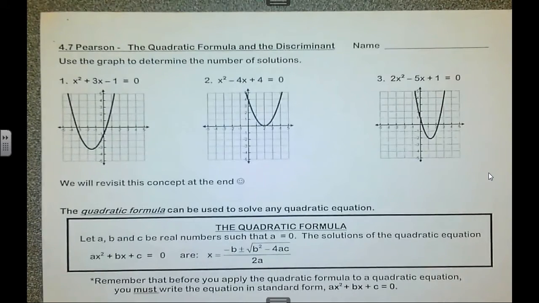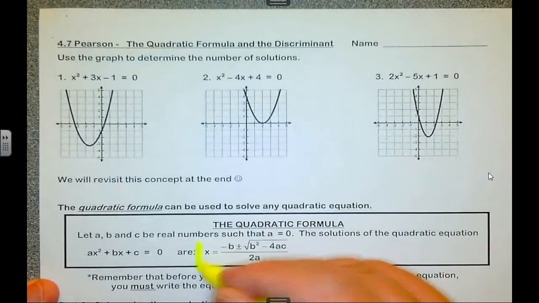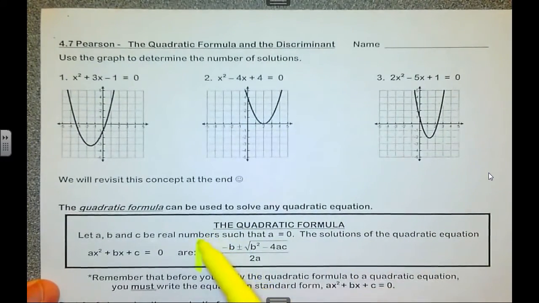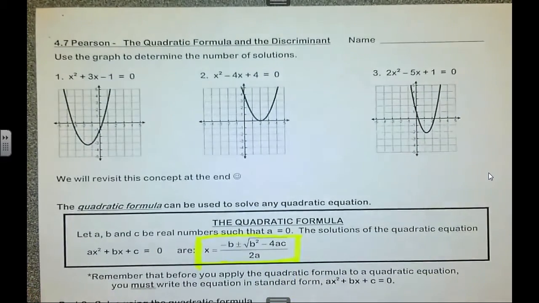Okay, hopefully back in Algebra 1, your Algebra 1 teacher made you do like 300 of these quadratic formulas. The quadratic formula is x equals negative b plus or minus the square root of b squared minus 4ac divided by 2a.